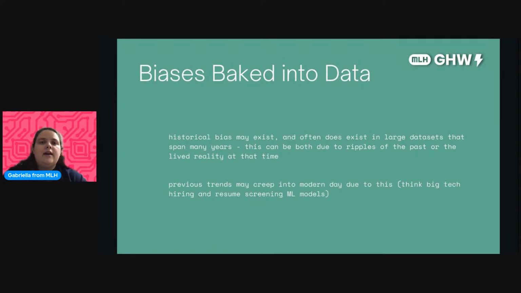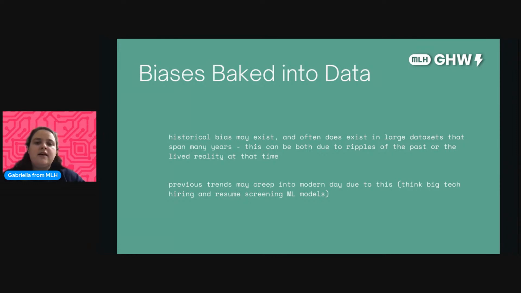Another reason that data contextualization is so important is because of the biases that are baked into data. There are historical biases, there are cultural biases, and sometimes there are just biases baked into our data sets. That's because they're collected by humans, and humans have many different kinds of biases.